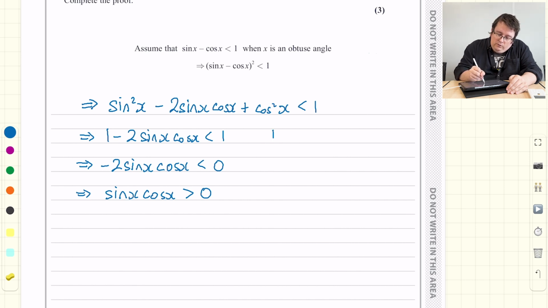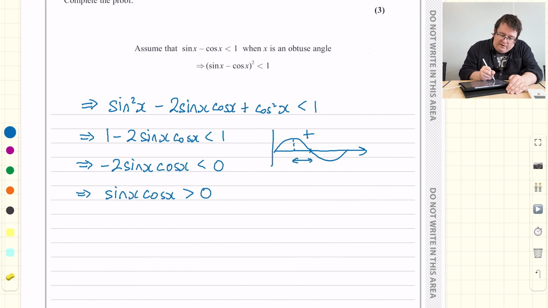Now, sin x looks like this. Now, where the angle is obtuse, that's between 90 and 180, and you can see here that it is positive. So sin x is greater than 0 when x is obtuse.